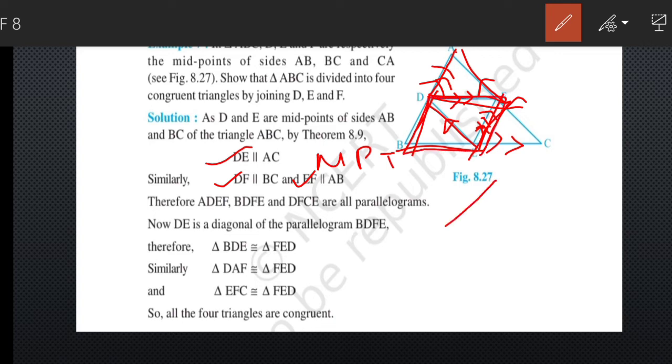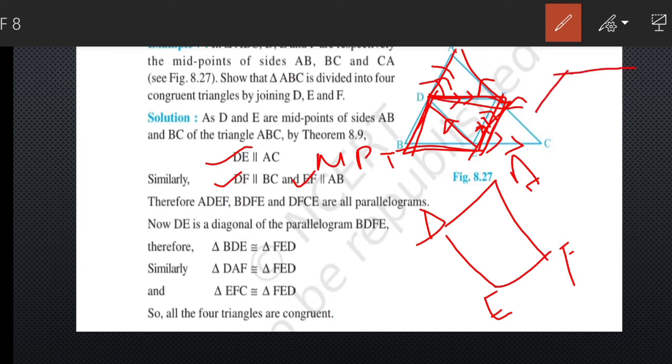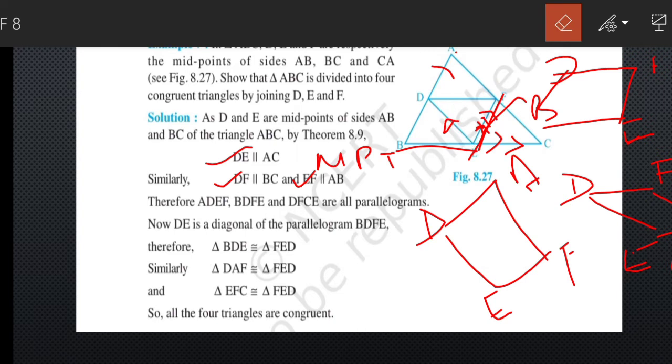So these are the three parallelograms that we get.